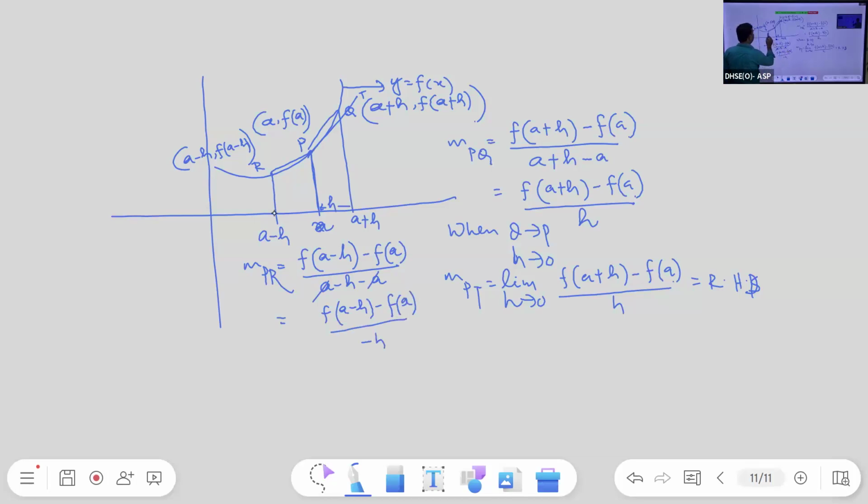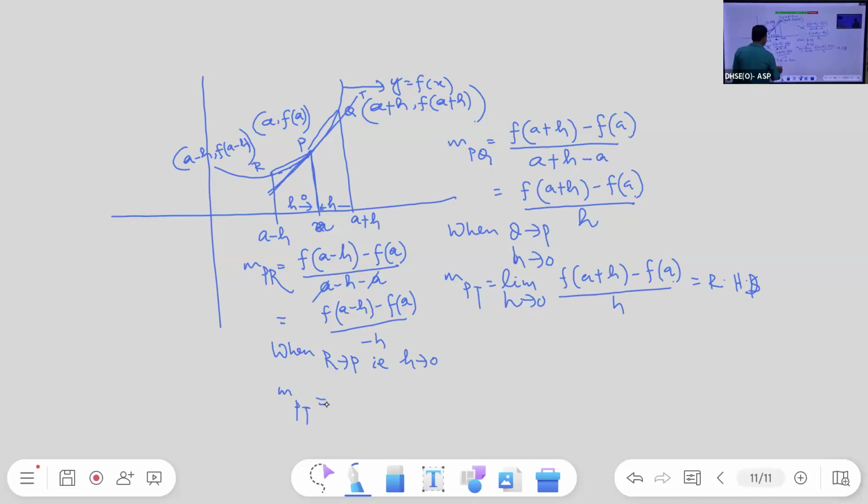When h approaches 0, when Q approaches P, the secant line PR approaches the tangent line PT. R approaching P means this distance h is approaching 0. So m of PT is equal to m of PT from the left hand side.